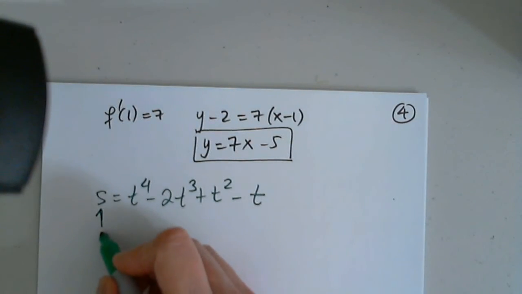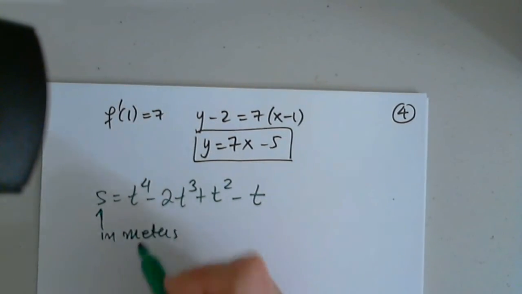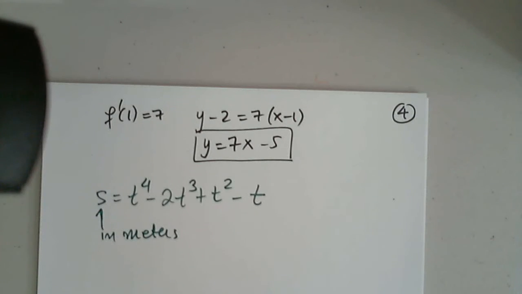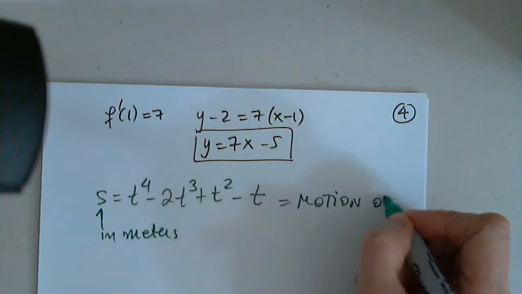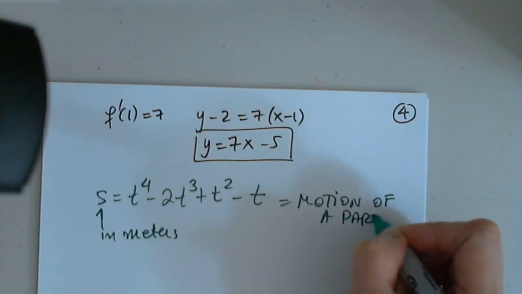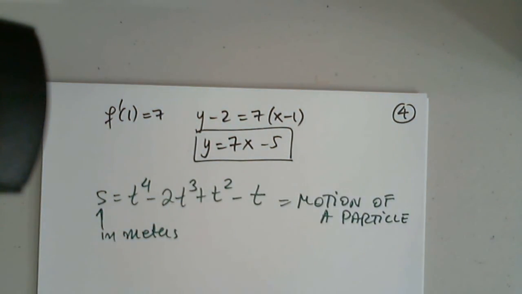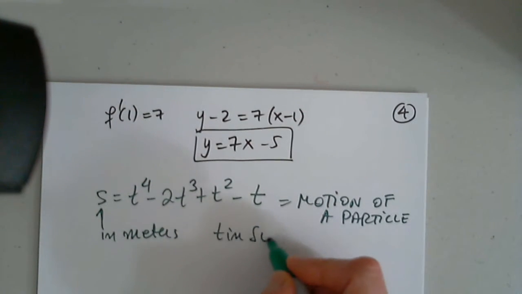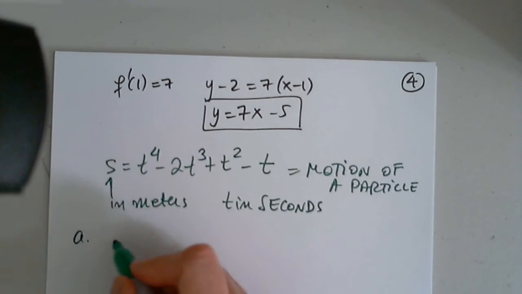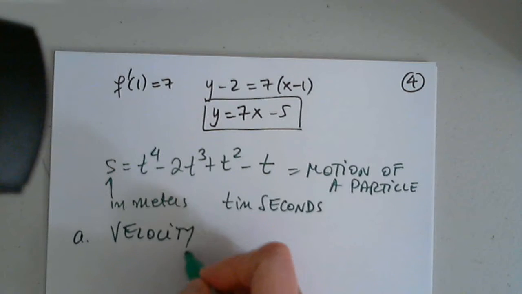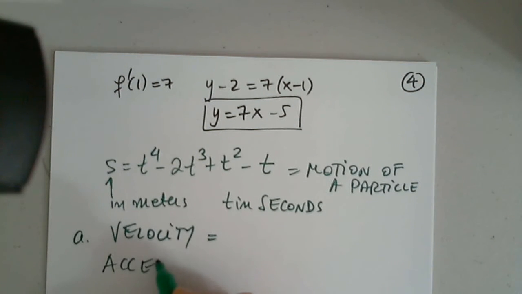This is in meters, and this is the equation of motion of a particle. And t is in seconds. Find the velocity and acceleration. That's our first question.